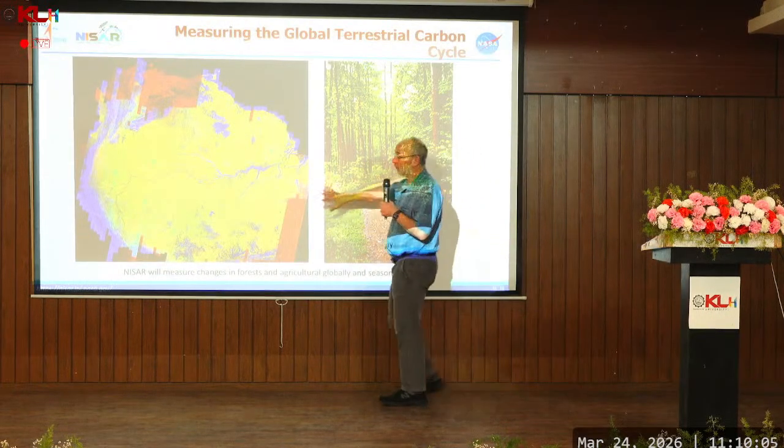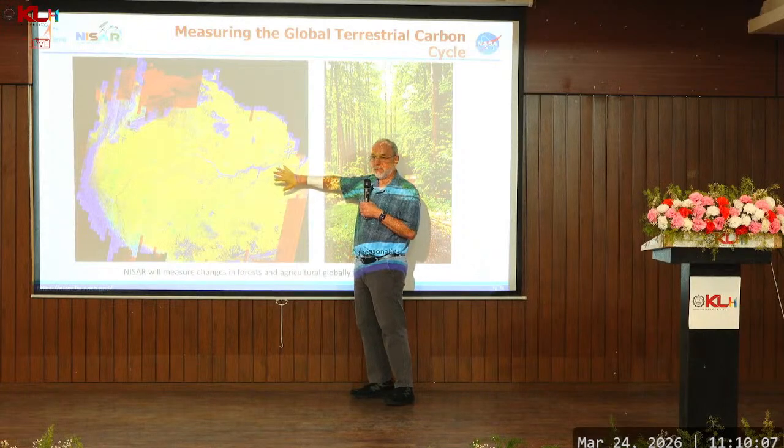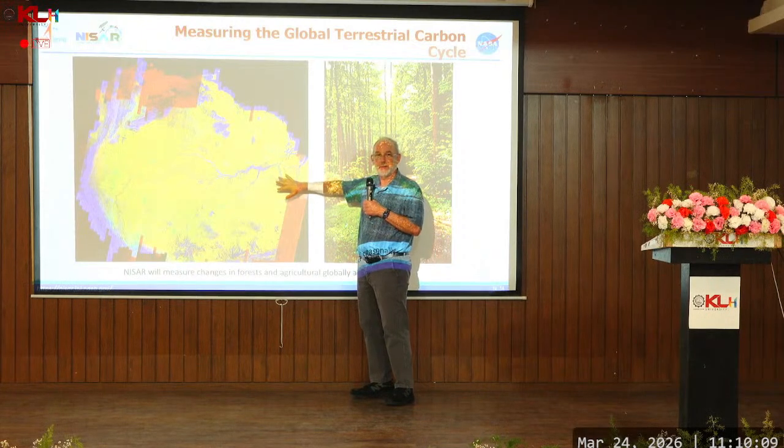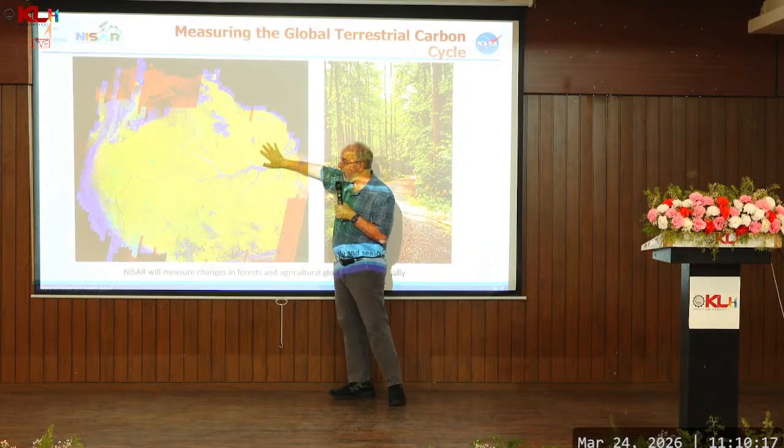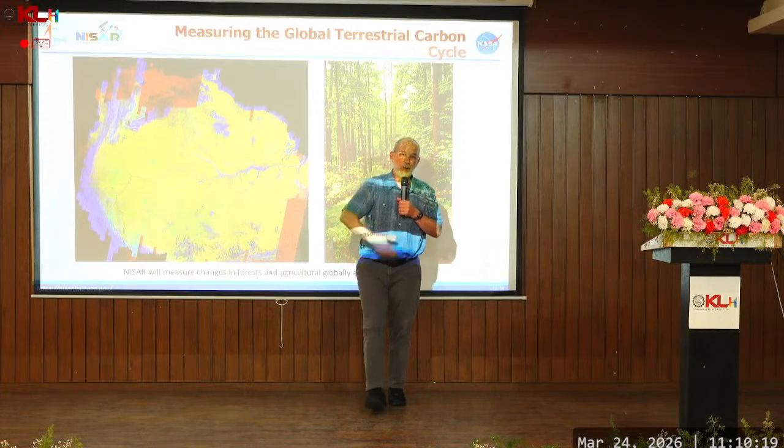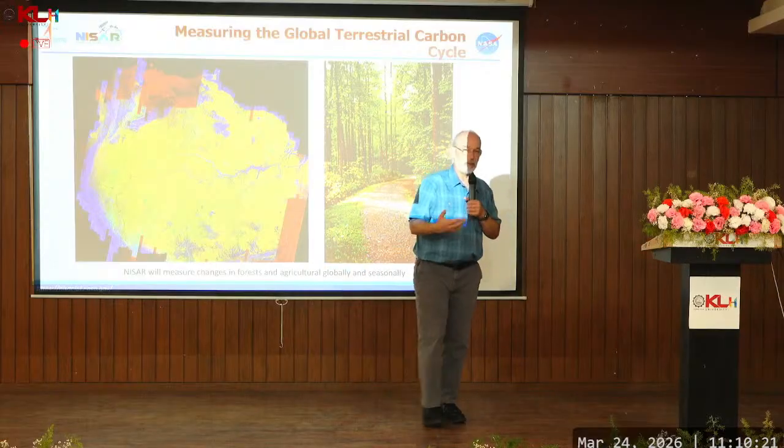This kind of map is going to be produced every 12 days from the ascending part of the orbit for NISAR and every 12 days for the descending part of the orbit. So effectively, we will have this map every week for the life of the mission.